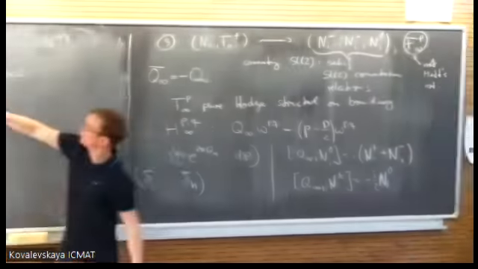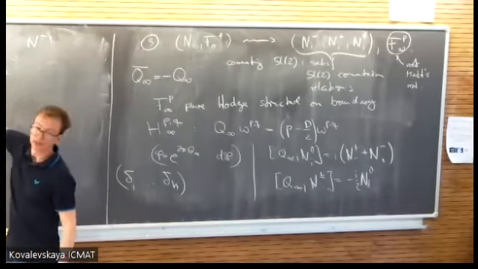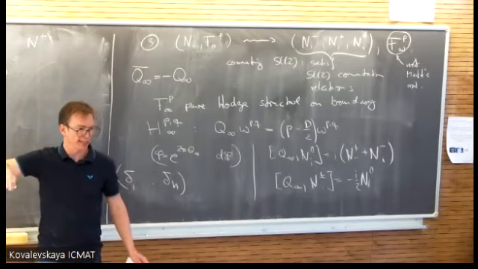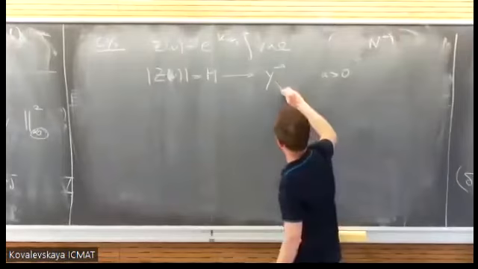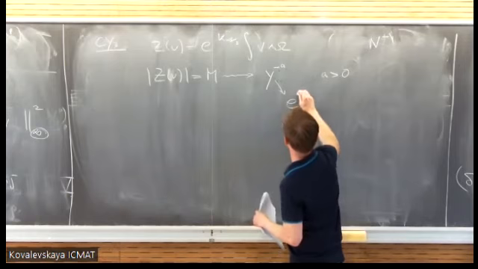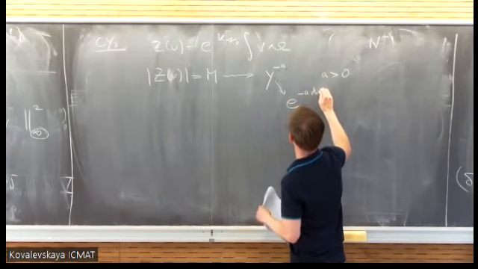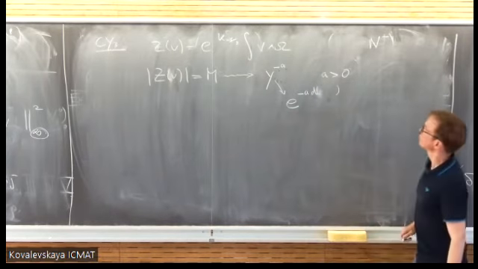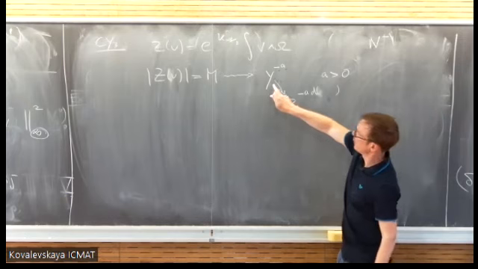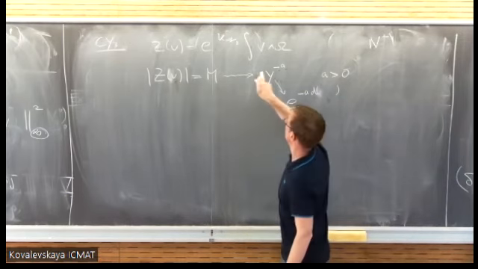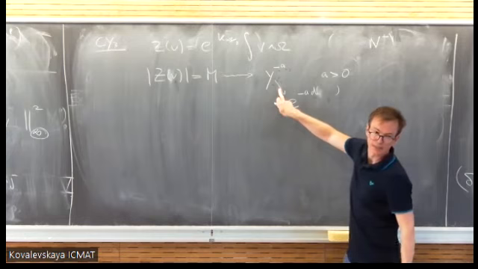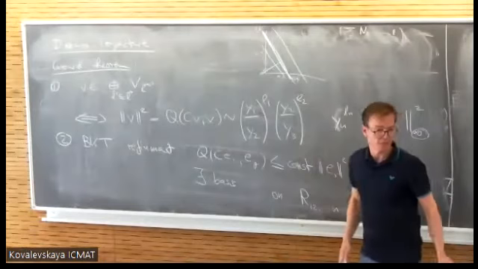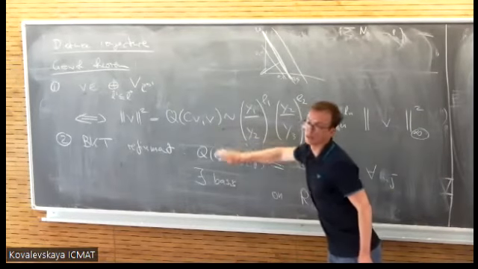So why does this imply the distance conjecture? Well, remember, I told you that the distance grows logarithmically in y. So if I plug this in, I find that this is then e to the minus a times the distance. So now I have to select states V which have a fall-off in these y coordinates. But look at this. This is exactly what this theorem provides us, at least for the norm.